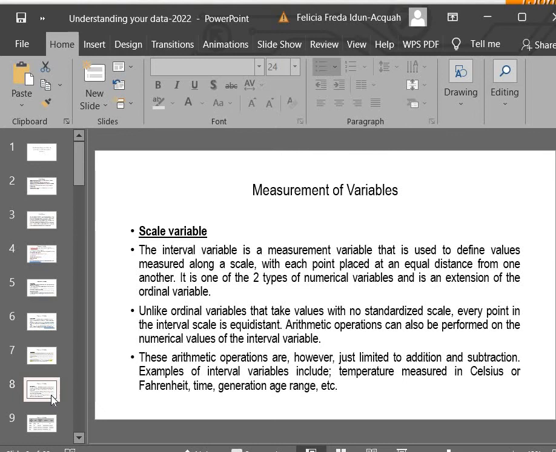Now let's look at what we mean by ratio variable. Ratio variable compared to that of interval variable sees 0 as natural, and therefore absence of it means there is no score of that variable. They also exhibit the characteristics of the interval variable in such a way that the higher the score, the higher the magnitude for the variable that is being measured. For instance, if you want to check the income level of students in University of Cape Coast, some may have no money or no income at all.